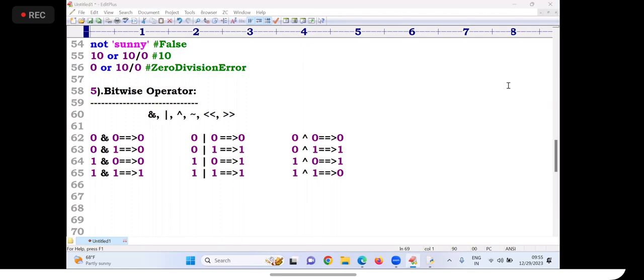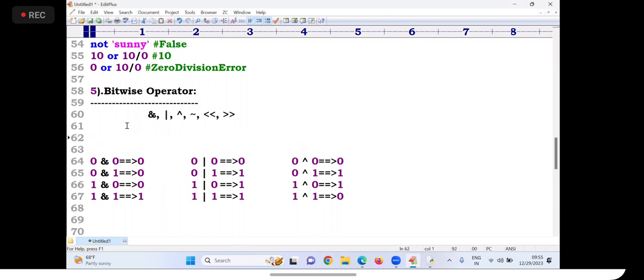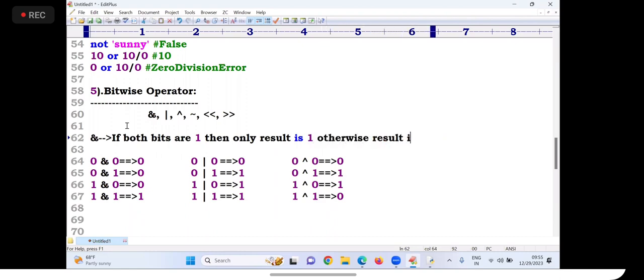What is this? AND. I will write it in one minute. First one, this one. If both bits are 1, then only the result is 1. Otherwise, the result is 0, sir. Next symbol, OR symbol.